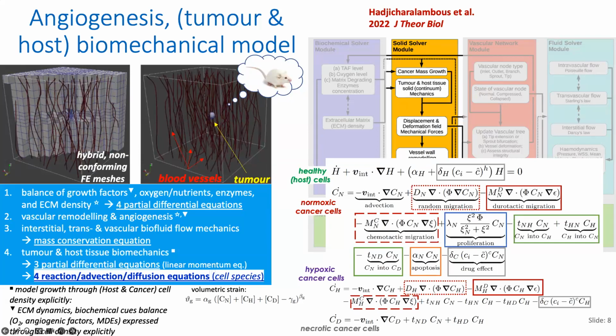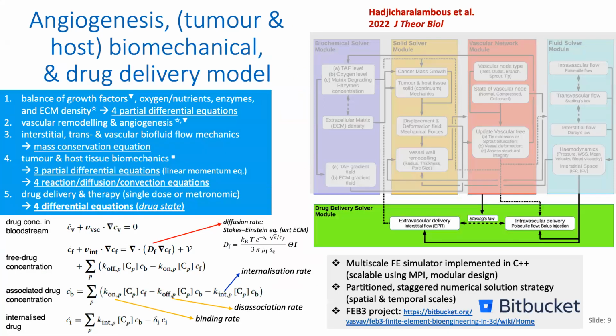And we also describe different phenotypic behavior of the cells, such as cancer cells being proliferative, reactive, in other words hypoxic, necrotic, as well as explicitly modeling the extracellular matrix with respect to the growth of the cells, etc. I refer you to the paper that was published last year for the details. But to be honest, it was a very long list of PDEs and equations that we had to solve, together with parameters that include drug delivery.